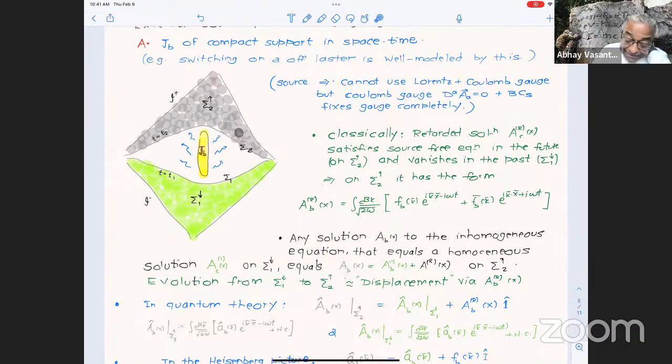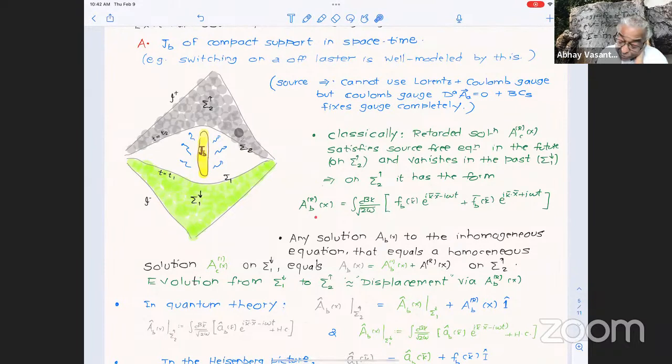So I have here space-time, and here SCRI plus, SCRI minus, and this is my source current. This source current emits photons, and they go out to SCRI plus ultimately. Okay. So classically, what happens is the following. We get some retarded solution produced by the sources. If I have zero solution here, then in this region I will not have zero solution, but I would have the retarded solution.